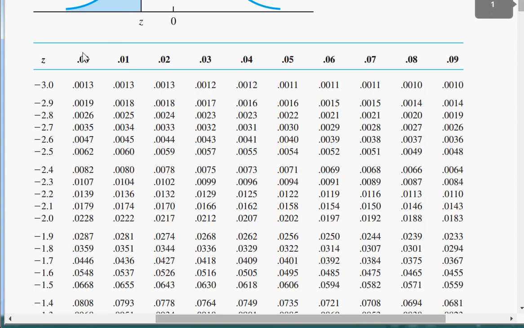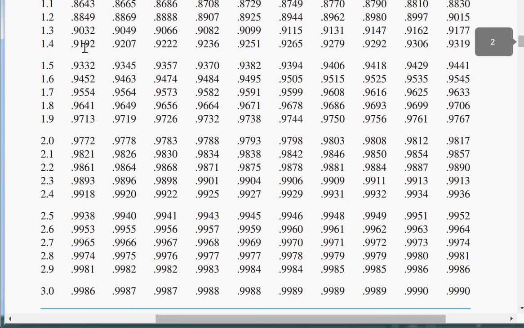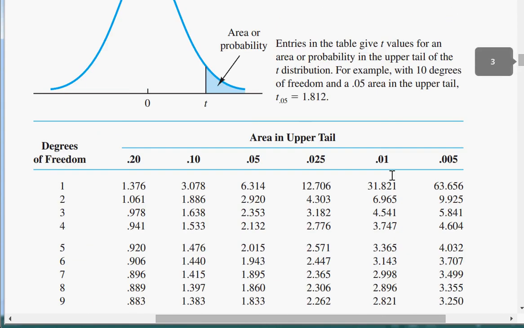On this page we have 31, and on that page we have 31. So 31 times 2 is 62, times 10. We have over 600 p-values in a Z table. But how many p-values do we have in a T table? In this one, 6.